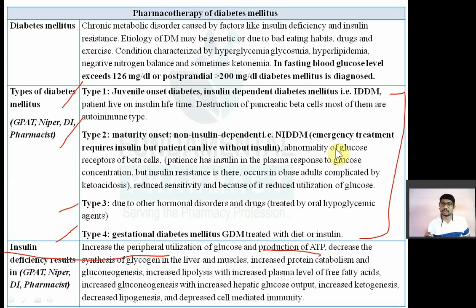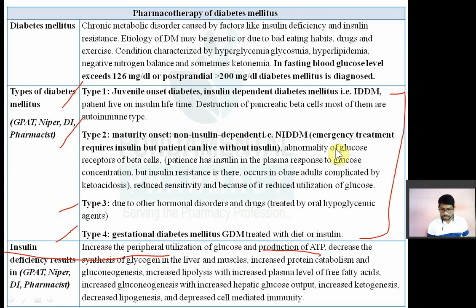Glucose is the only energy source for the brain, and also for erythrocytes or RBCs. But other cells can utilize other fuels like protein and lipids for generation of energy. Brain and RBCs are totally dependent on glucose for energy. Remember.